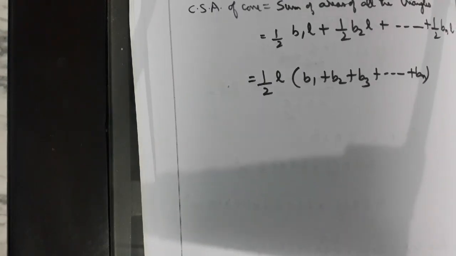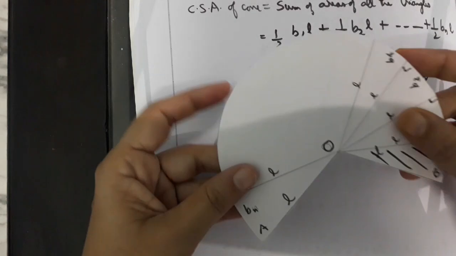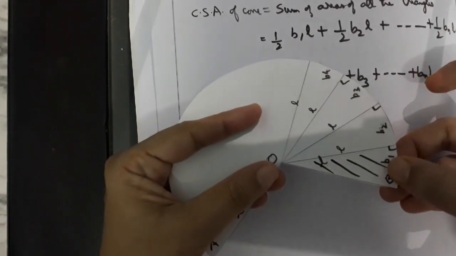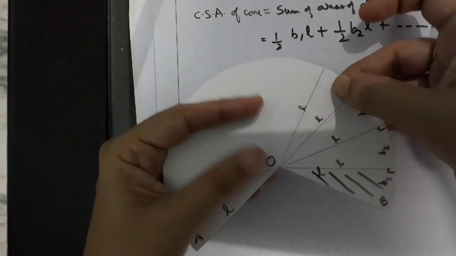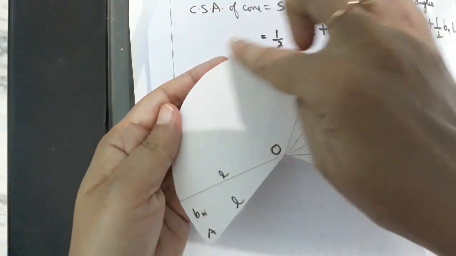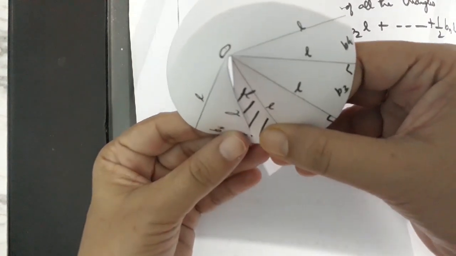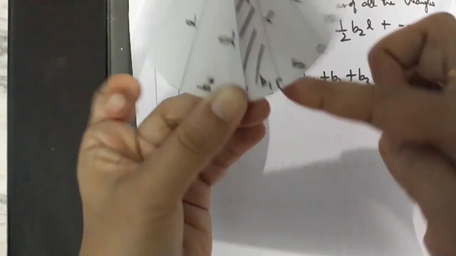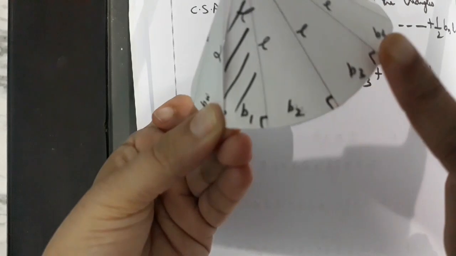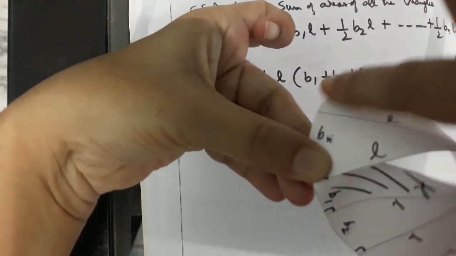Now if we look at the net clearly, over here B1 plus B2 plus B3 plus B4 plus so on up to Bn is actually equal to the circumference of the circle. You can see B1 plus B2 plus B3 plus so on up to Bn.